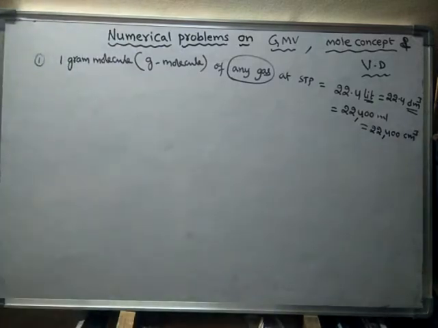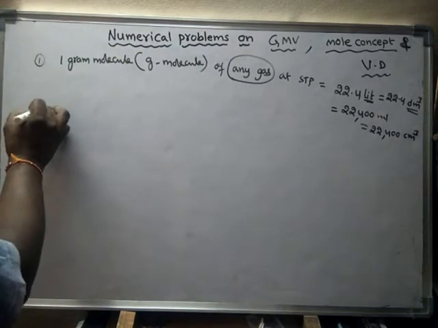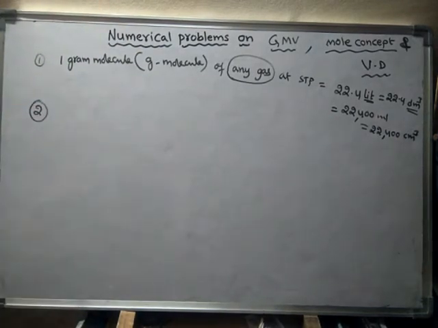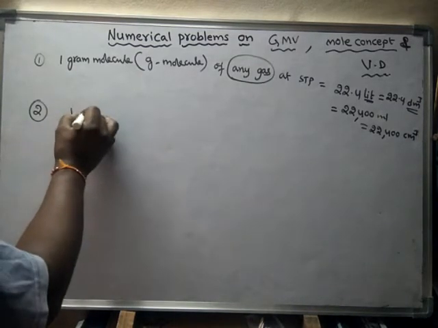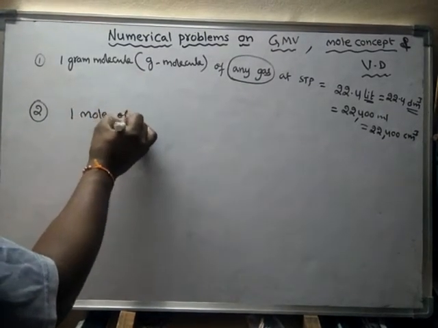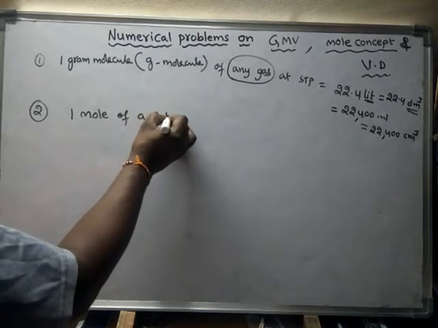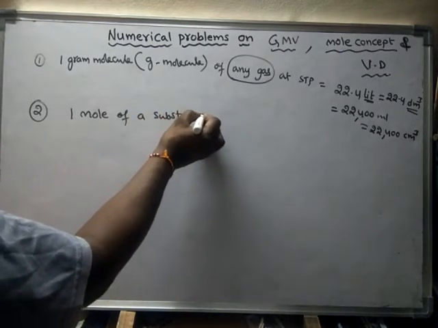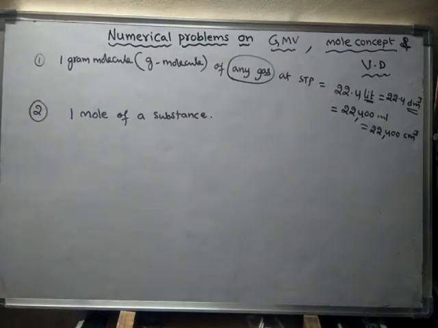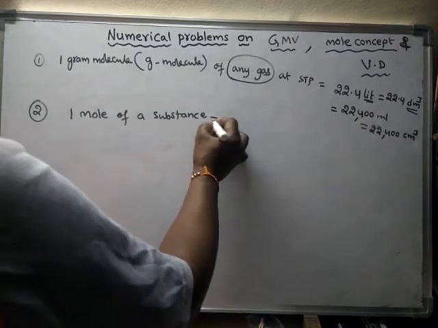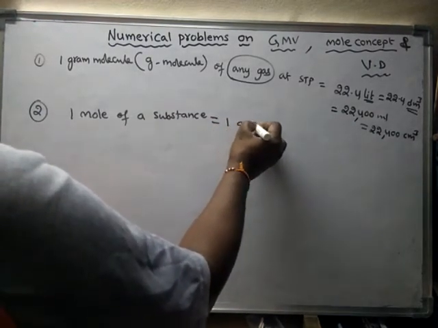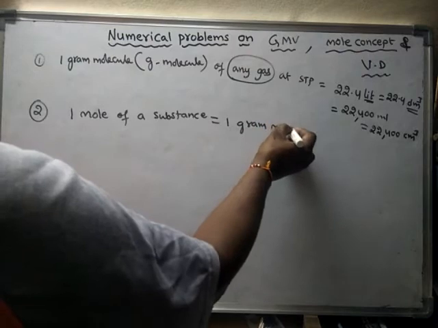Okay, next, another point. 1 mole of a substance is equal to 1 gram molecular weight.